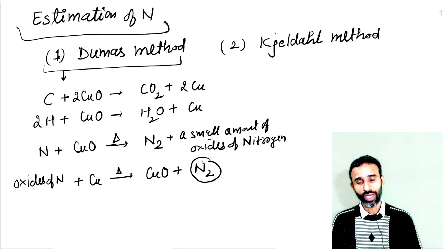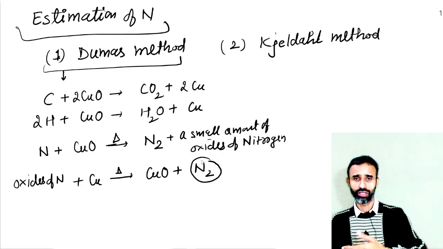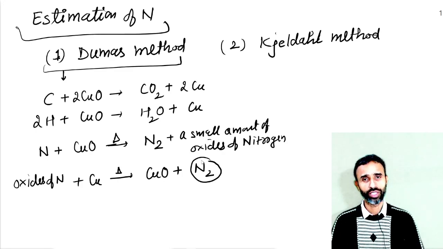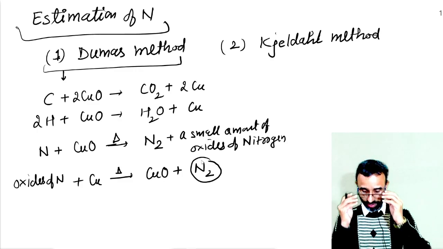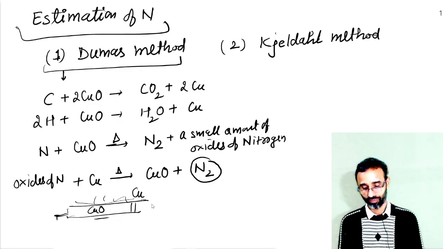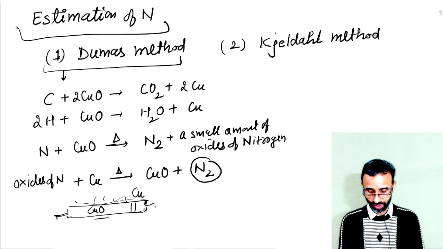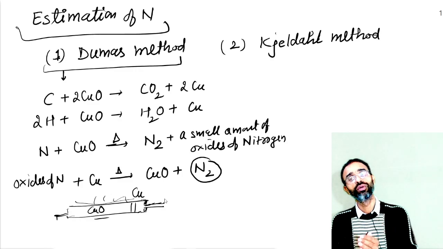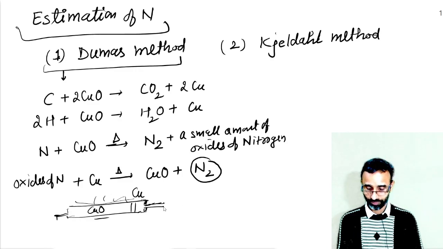So carbon dioxide and even water vapors dissolve in KOH, but nitrogen gas does not. Let us say this is the tube, there are various types of cupric oxides, and at the end there is copper, for the safe conversion of any nitrogen oxides into N2 gas.